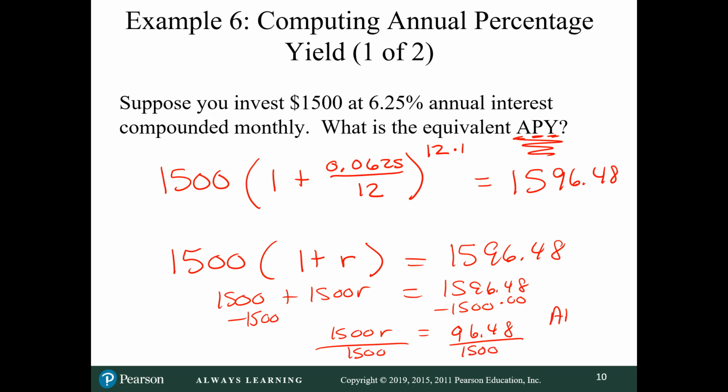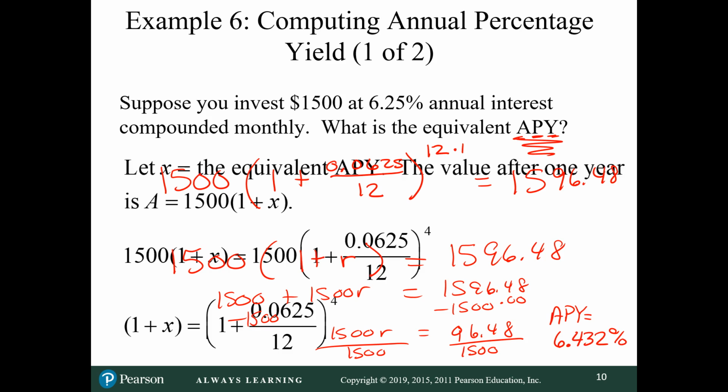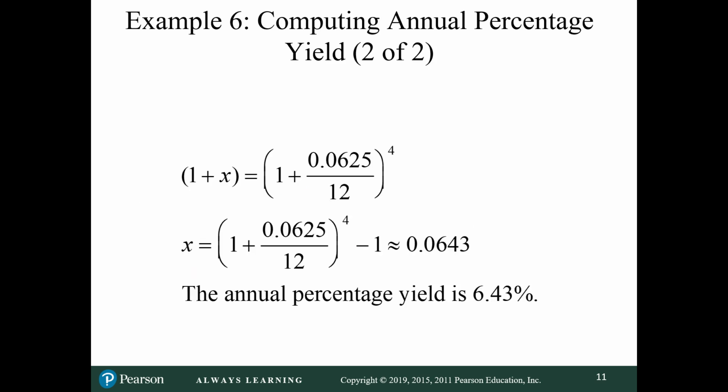So the APY, annual percentage yield, is what? Take 96.48 divided by 1,500. Is this a percentage? Yes. 6.432%. 6.43, whatever.